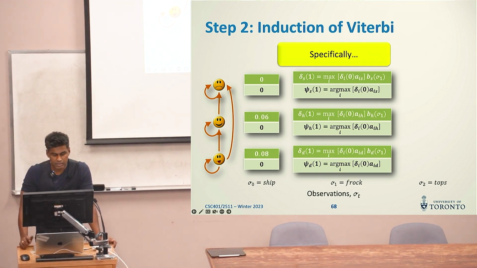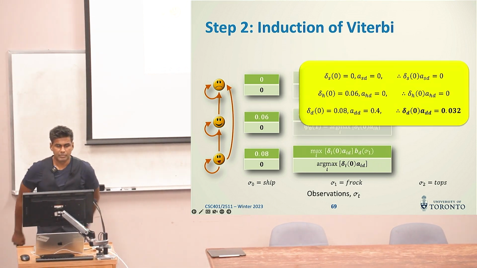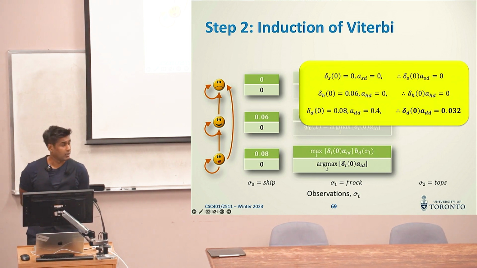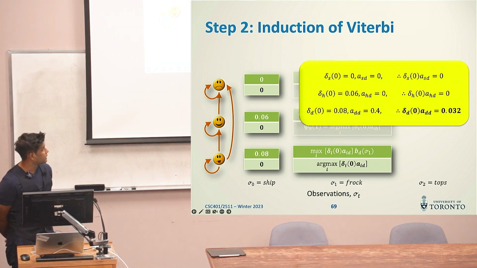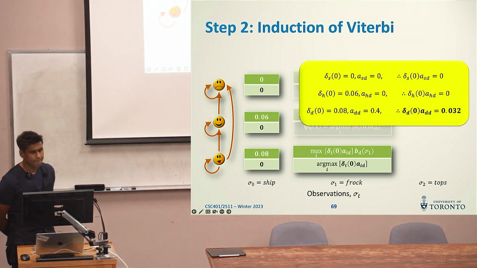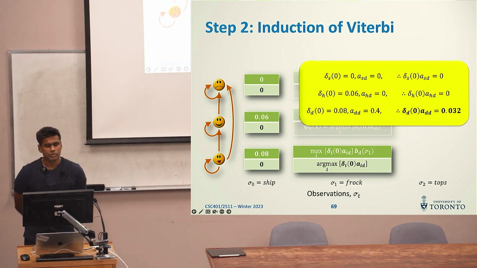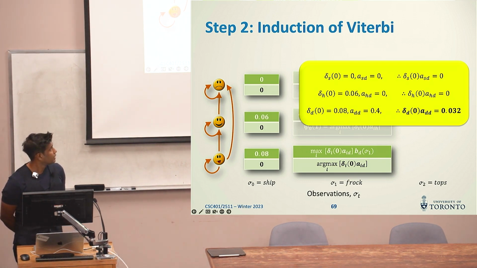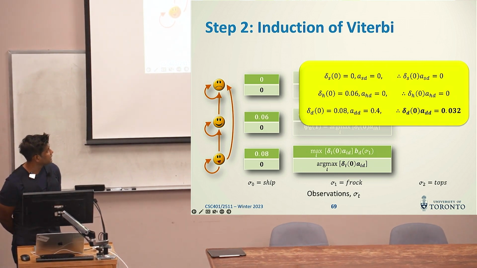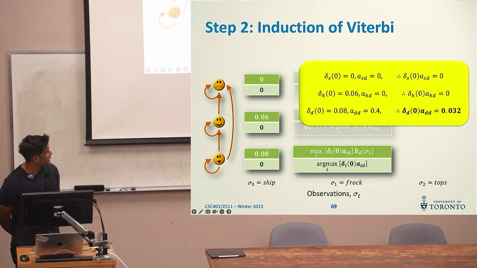Maybe, yeah, so then quickly let's take a specific example. So now we're dealing with the disgusted state at time equals 1. Our observation is frock, okay? So what we do is take the delta i's, where i represents all the previous states, and the transition probabilities.